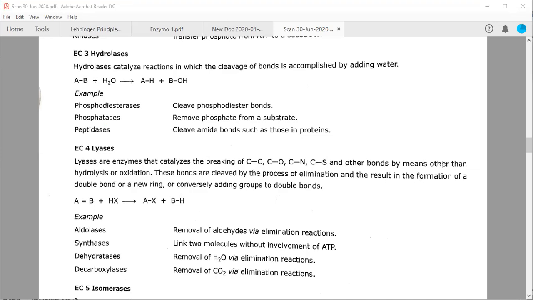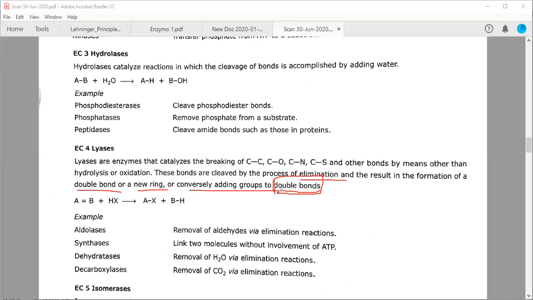Other than these two things, they can involve the elimination reaction. It is written here very clearly: the elimination reaction results in the formation of a double bond or a new ring. Or conversely, they are adding a group to the double bond. So it will be involving the double bond.